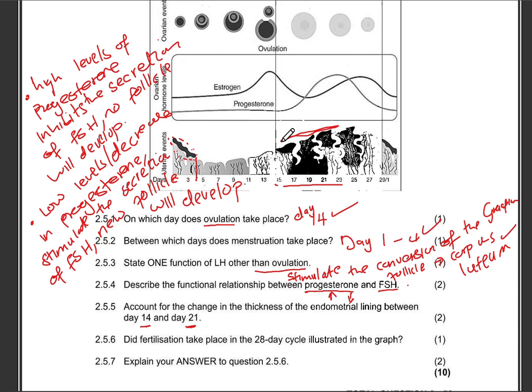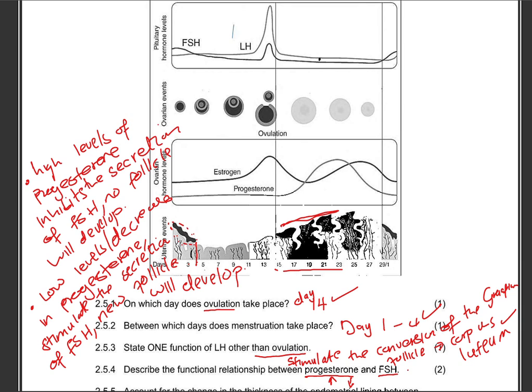We need to remind ourselves of the hormone that gets secreted after ovulation. That hormone is the one that will increase the thickness of the endometrial lining. Remember, during ovulation around day 14, we're able to see it here on the graphs.